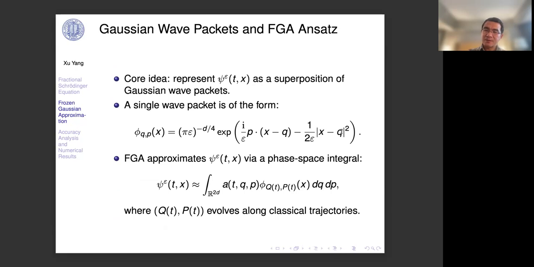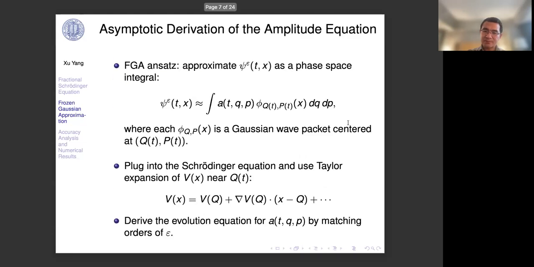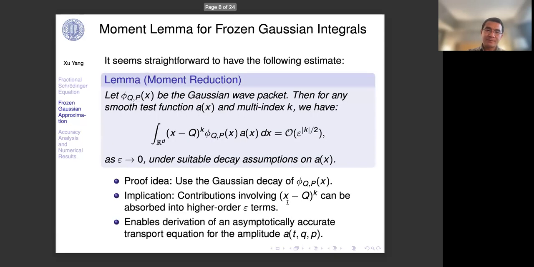So if you treat it as a compact function, then the compact domain is on the scale of the square root of epsilon, which is the scale of x minus q. Basically we can connect x minus q to the order of epsilon.